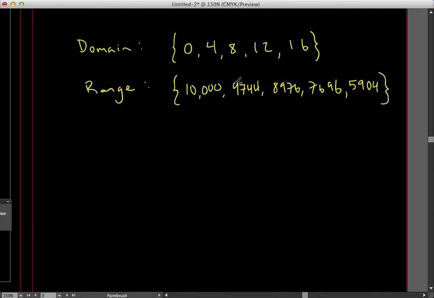And a function, which we're now going to begin discussing, is a relation in which each element of the domain corresponds with exactly one element of the range. Okay, so let's break that down.